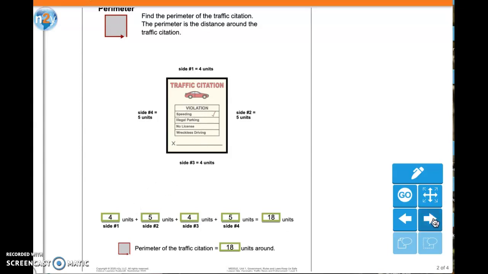We still knew how to follow along. If you have one that looks like this, it just helps you figure out where to put these numbers. Okay, so it's the same exact thing. So this is still 4, side 2 is still 5, side 3 is still 4, side 4 is still 5, and the answer is still 18. So what it does, it just shows you in a different way so that you know exactly where these numbers go in our equation down here.